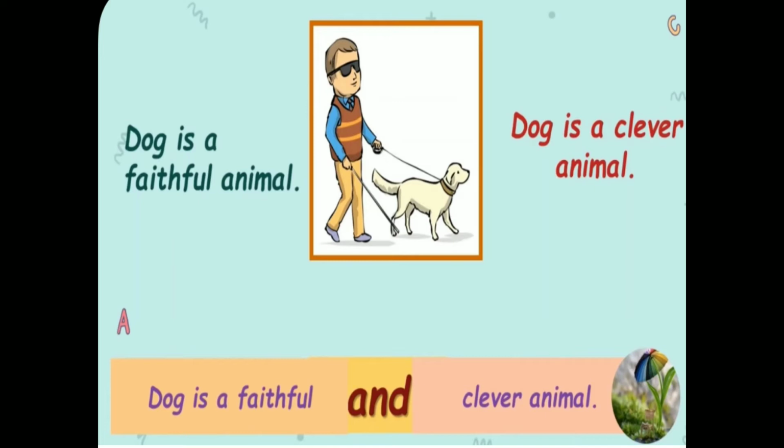You can observe that dog is a faithful animal and dog is a clever animal. These are two sentences, so we have to combine them together. So how will we combine? Dog is a faithful and clever animal.